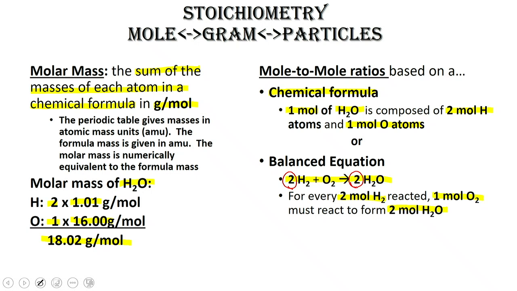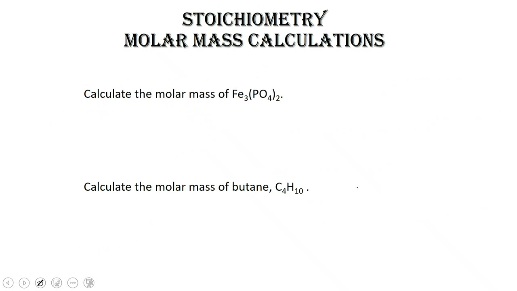Let's take a moment and do some molar mass practice so we can figure out how to calculate the molar mass. Given the formula of iron phosphate, we can calculate the molar mass.